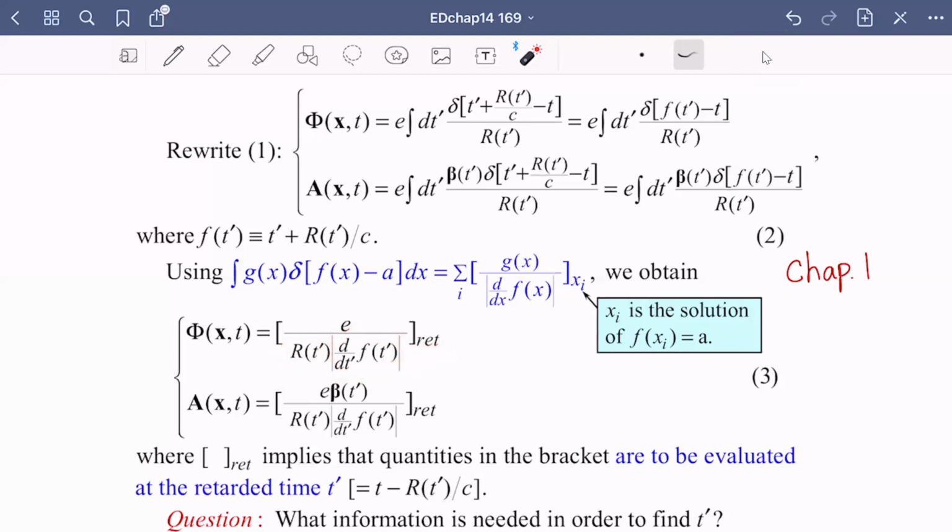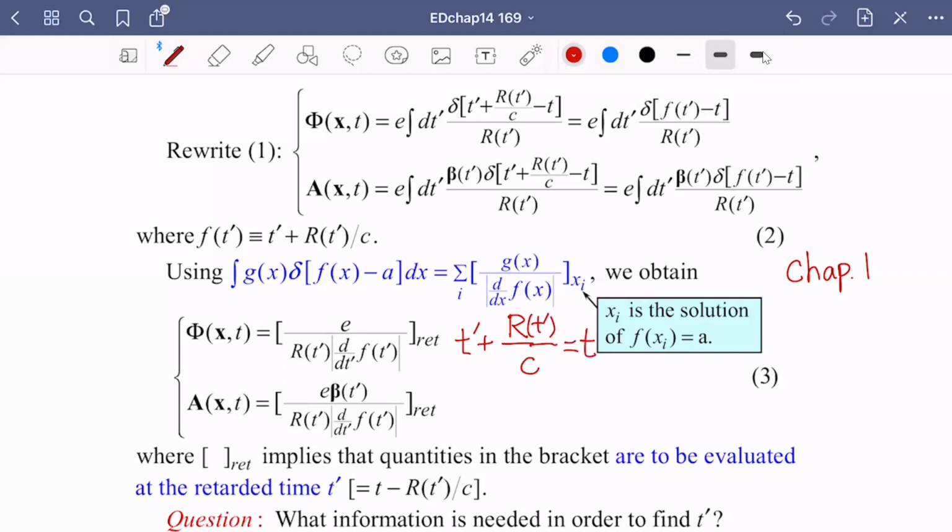That is the time when t prime plus the separation at t prime divided by c equals t.